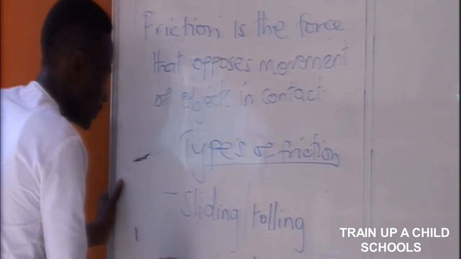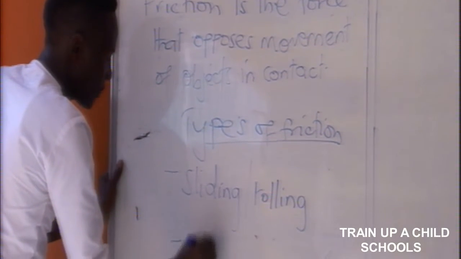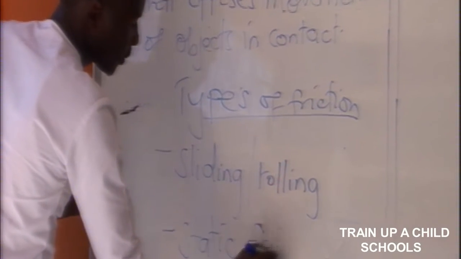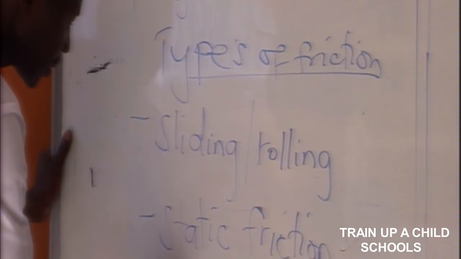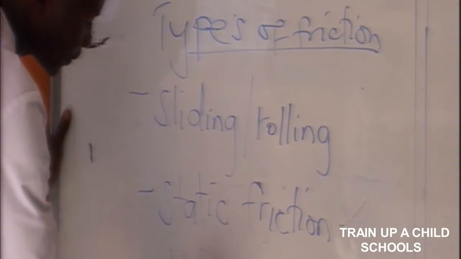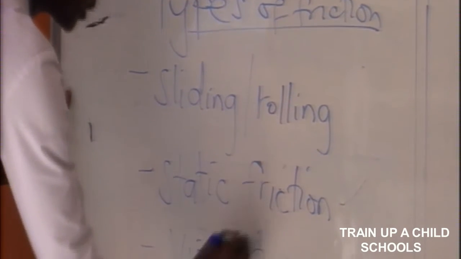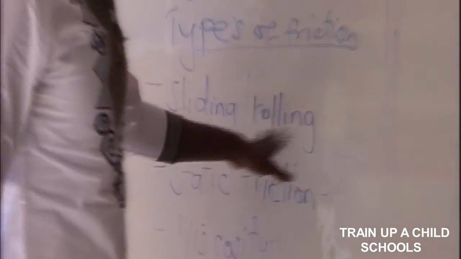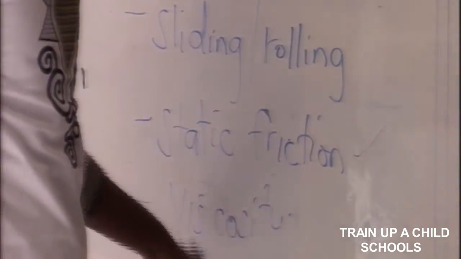Then we shall have static friction. Then we shall also have what we call viscosity. So basically, these are the three types of friction we have: sliding or rolling friction, static friction, and viscosity.